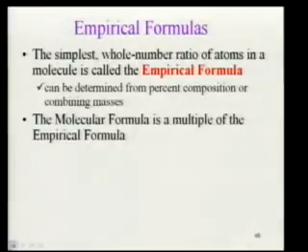Realize that the molecular formula is going to be a multiple of the empirical formula, right? If you have the empirical formula of, let's say, C1H1, so CH, the molecular formula weight for CH is 13, right? 12 for carbon, 1 for hydrogen, 12 plus 1 is 13.